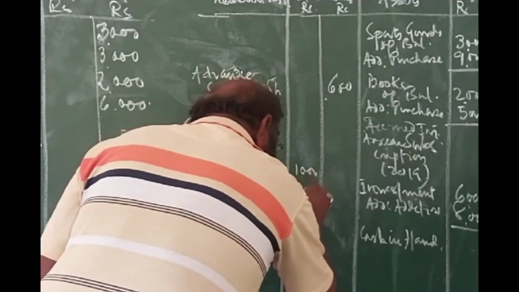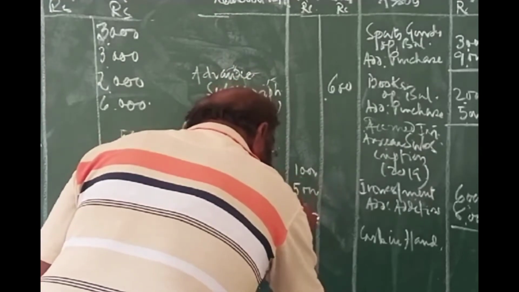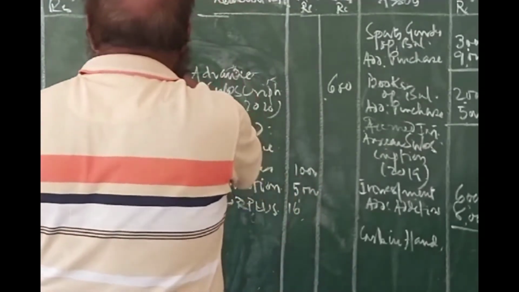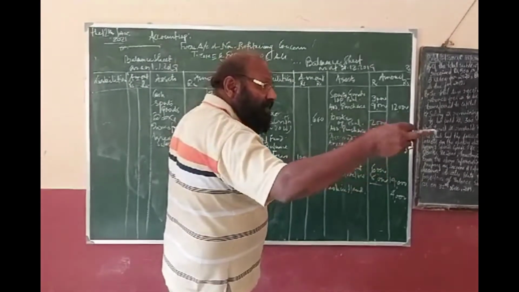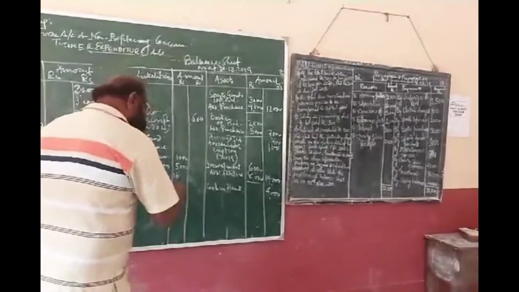Donations how much? 5,000. Surplus 16,000. What is the surplus? 16,100.